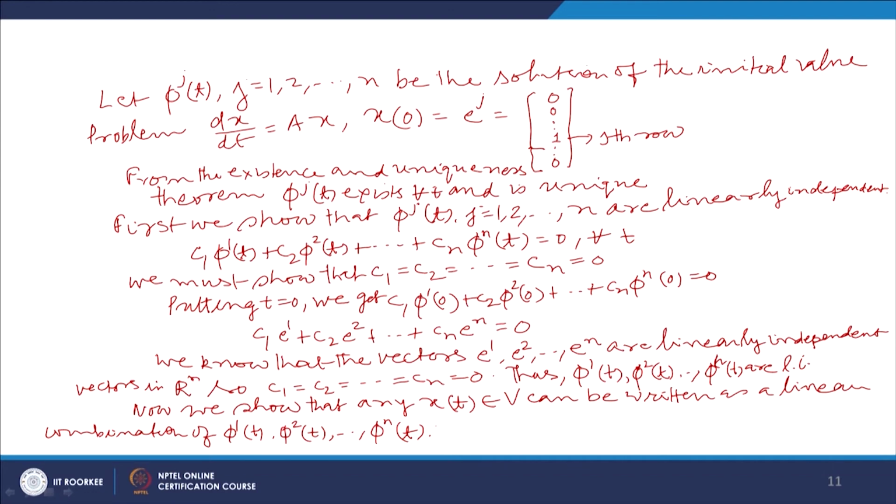Now let us say that x0 is equal to C1, C2 and so on Cn. x t is any vector belonging to the vector space B. We want to show that x t is a linear combination of phi 1 t, phi 2 t and so on phi n t. So let us assume that the function x t at t equal to 0 is given by this column vector C1, C2, Cn.